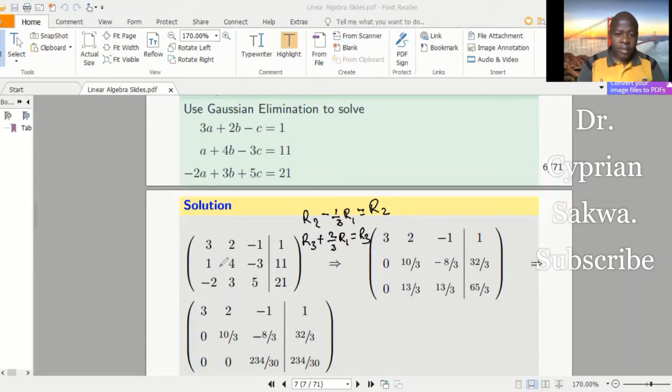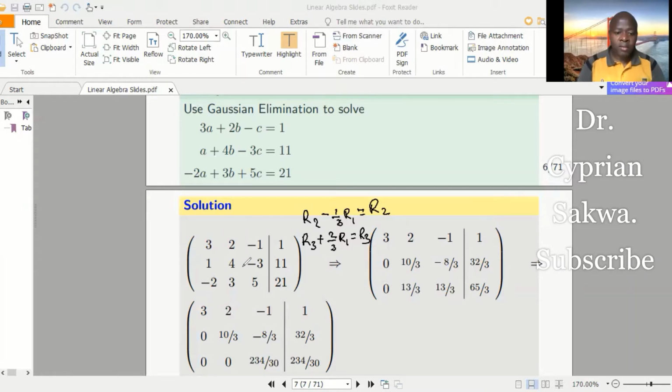Just as we did while we were looking at reducing matrices to echelon form, once you have this leading entry here, you use it to create zeros in the positions below it. So these elementary row operations give us those zeros.